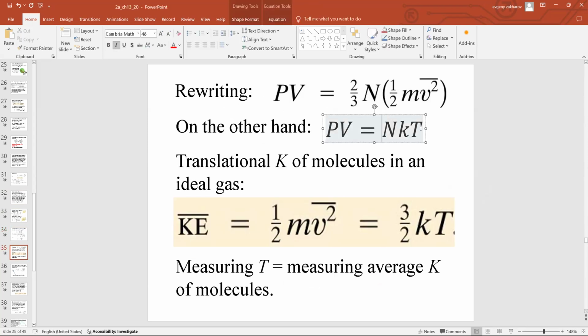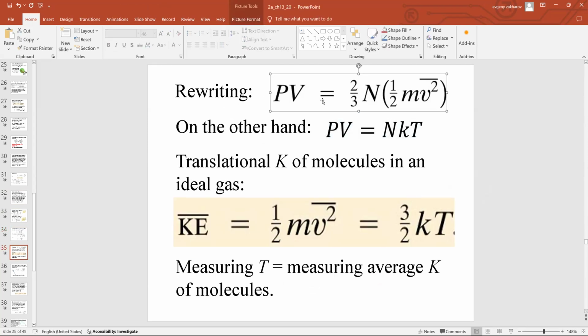So nKT on one side, and on the other side, the product between pressure and volume is 2/3 n and the kinetic energy. So n cancels on both sides, and you're left with 3/2 and the kT. Solve this for the kinetic energy, and you will get 3/2 of a kT.